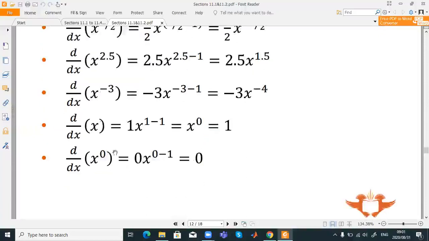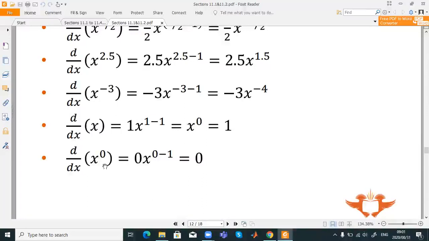Okay, so now the derivative of x must always give us a 1. If we differentiate x, this x naturally is raised to a power of 1. So I'm going to drop that 1, then 1 minus 1, x power 0, which is 1.